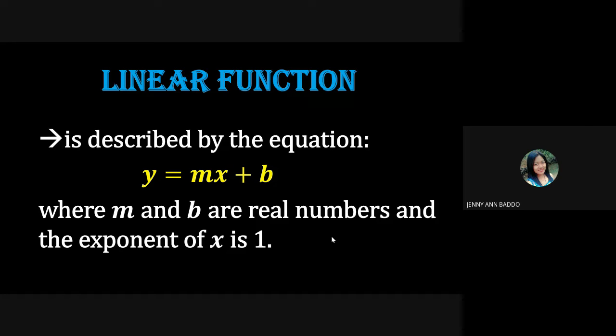On this equation, m and b are real numbers. M is the slope and b is the y-intercept. And always remember, for a linear function, the exponent of x must always be equal to 1. So if the exponent of x is not equal to 1, then it's not a linear function.